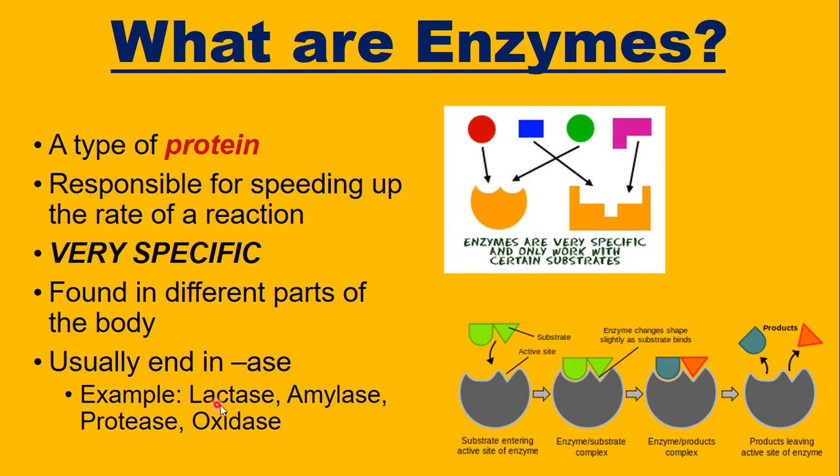So, example, lactase. Lactase is in your body to help you digest lactose, like found in chocolate milk. Some people who are lactose intolerant lack the enzyme lactase so they can't digest it very well.